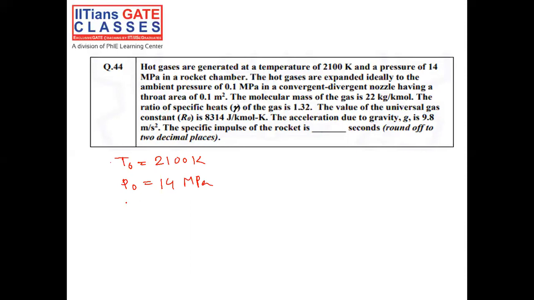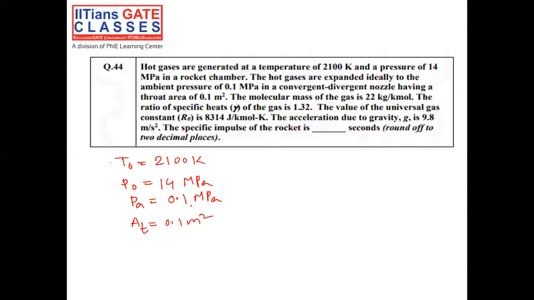Ambient pressure is given as 0.1 megapascal. It is going through a convergent divergent nozzle having a throat area of 0.1 meter squared.